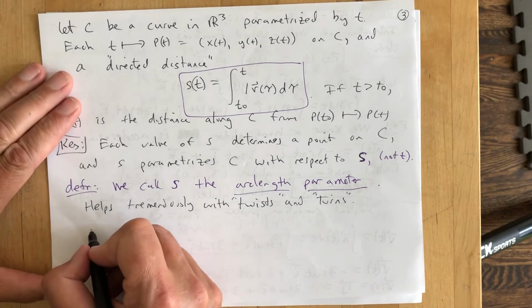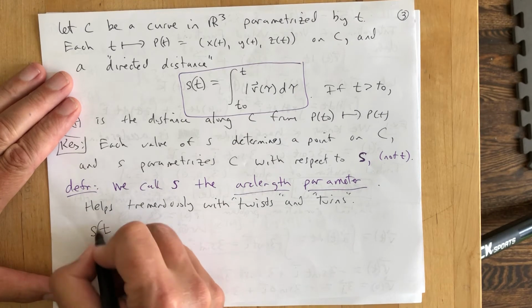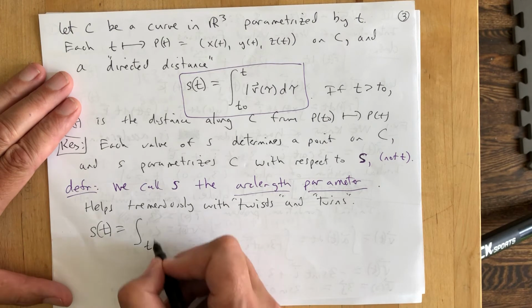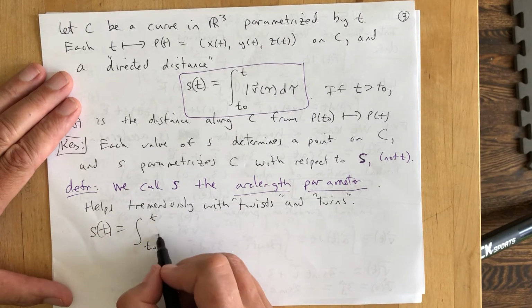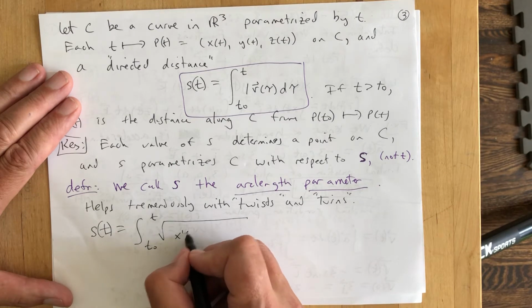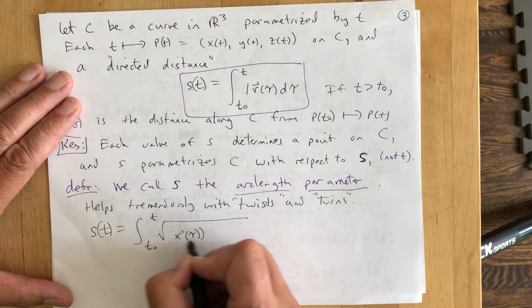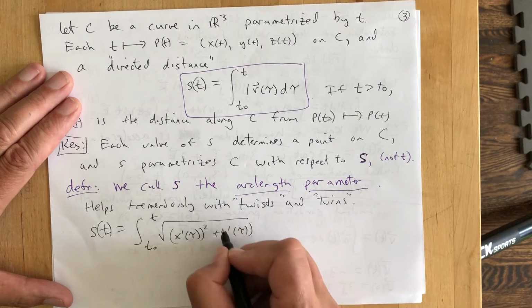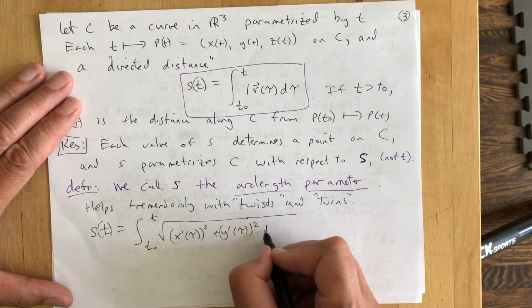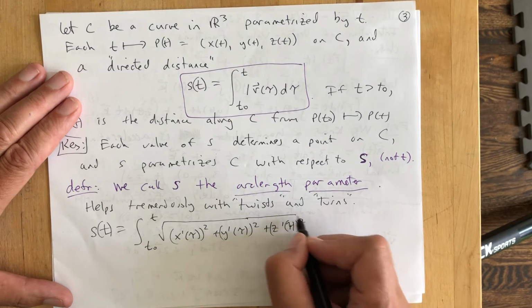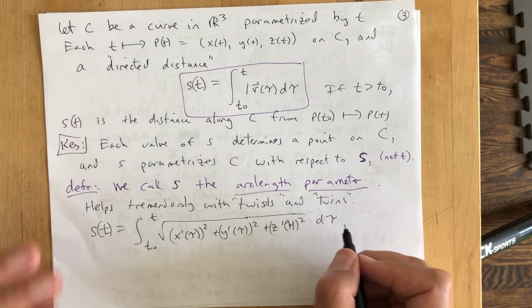Okay, so if we apply this to what we have already, this s function, which runs from t naught to t, is really this: the integral of the square root of x prime of tau squared plus y prime of tau squared plus z prime of tau squared d tau. Just rewrote it.